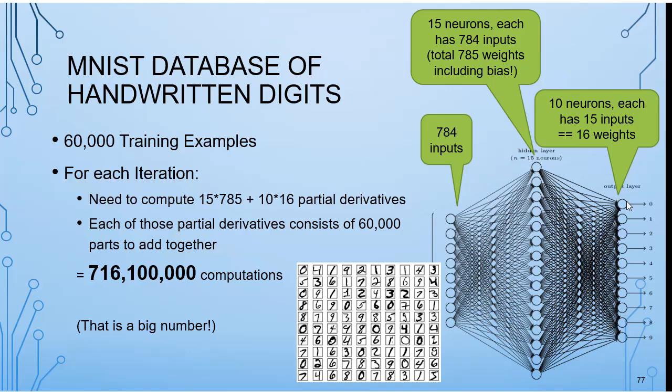But of course, remember that every single one of the neurons on here actually has a bias, right? And up here, we also have a bias. So we end up with 10 times 16 and 15 times 785. We add that together. We have a huge number of partial derivatives.